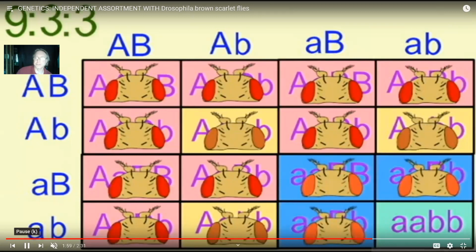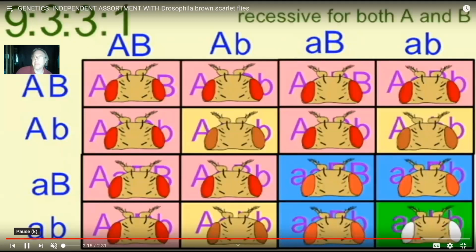They would have scarlet eyes. And then 1/16 of the time, a sperm which has 2 recessive alleles would fuse with an ovum with 2 recessive alleles. And without any dominant alleles being able to transport these pigments, then the flies would have white eyes.